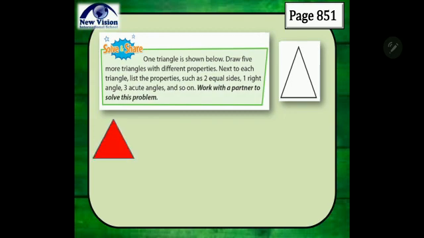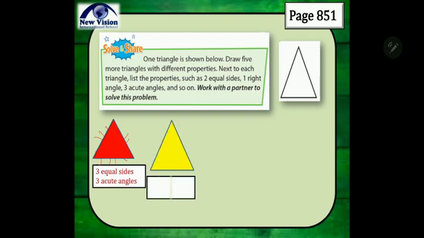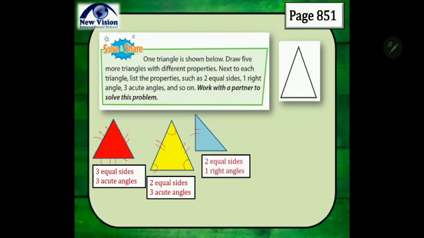So first triangle, we have this one. So what are the properties? So we have 3 equal sides, so all sides are equal, and 3 acute angles. Another one, we have 2 equal sides and 3 acute angles. Another one, we have 2 equal sides and 1 right angle.